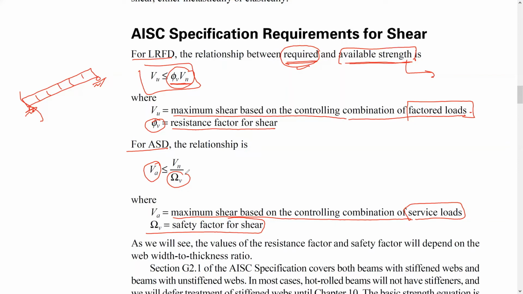And these two factors, which are phi V plus the safety factor in case of the ASD method, will depend on lambda for the web. So these two parameters depend on the width-thickness ratio for the web. And don't forget V n here is the nominal shear strength, and they will equal each other, as we did in the previous chapters.